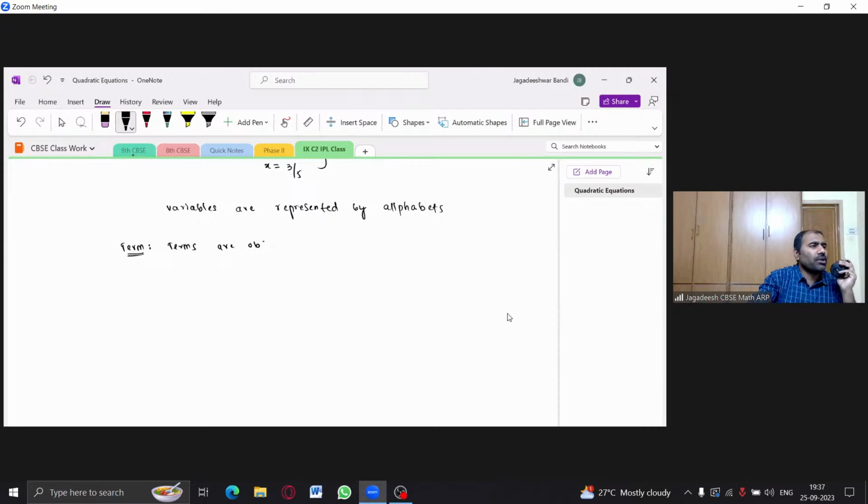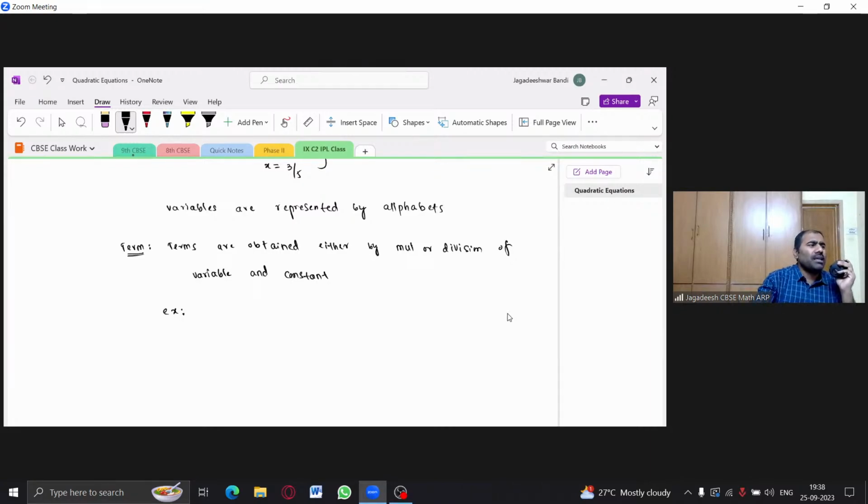So terms are obtained either by multiplication or division of variable and constant. Fine. Let us observe some examples.